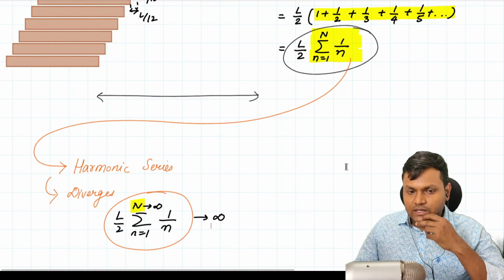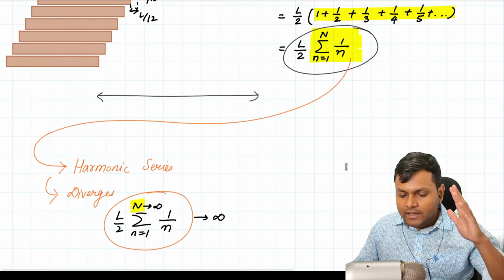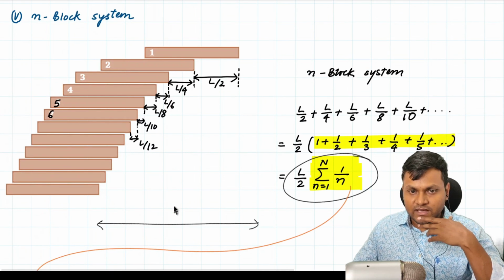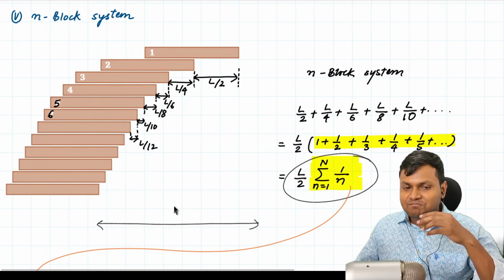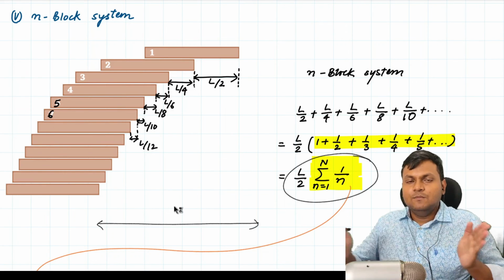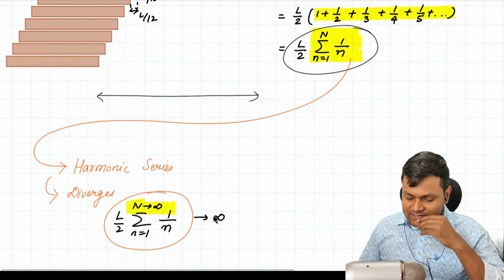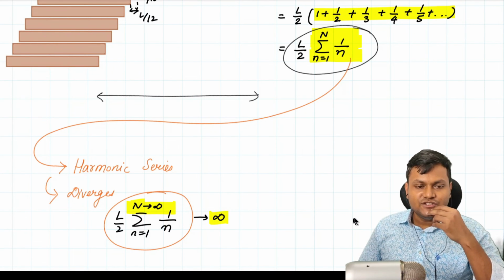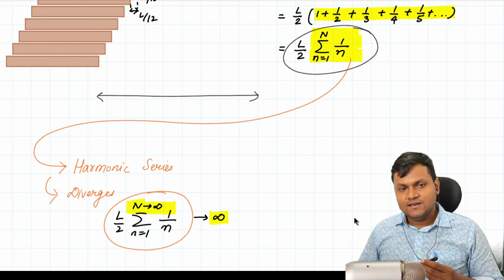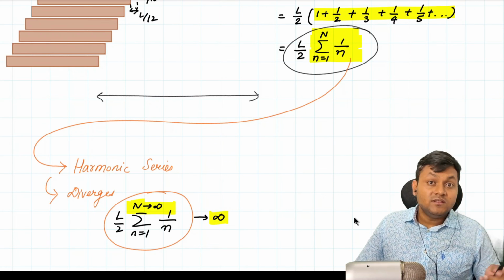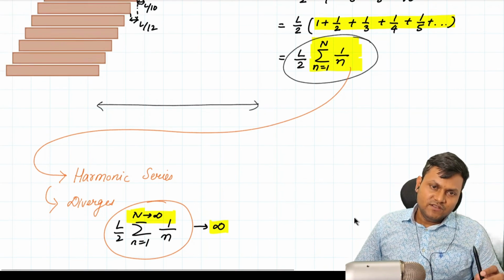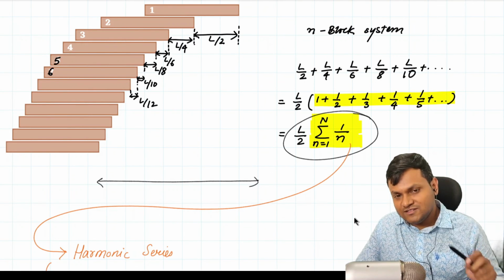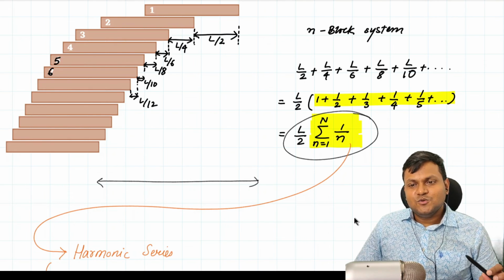So theoretically speaking, we can stack up infinite blocks, one on top of the other, and the maximum distance from the edge of the table tends towards infinity. Since the series is a diverging series, the maximum distance possible theoretically beyond the edge of the table actually tends to infinity, and the number of blocks also tends towards infinity.